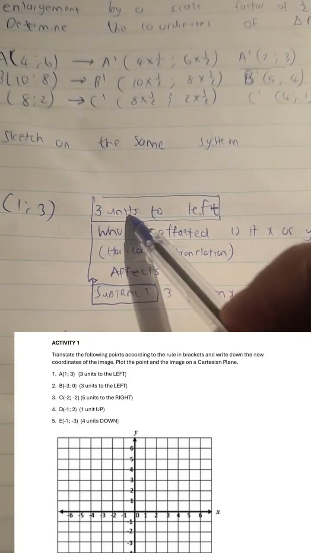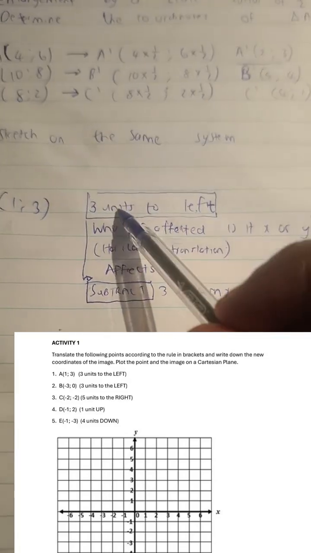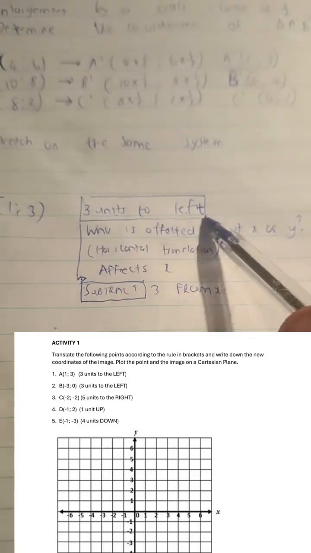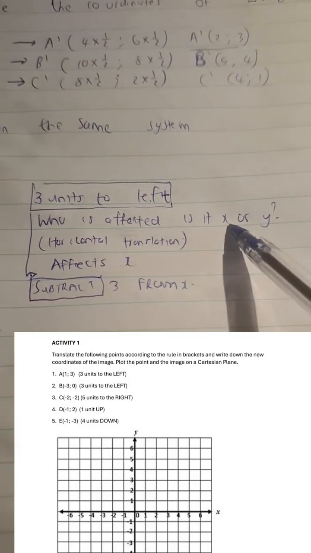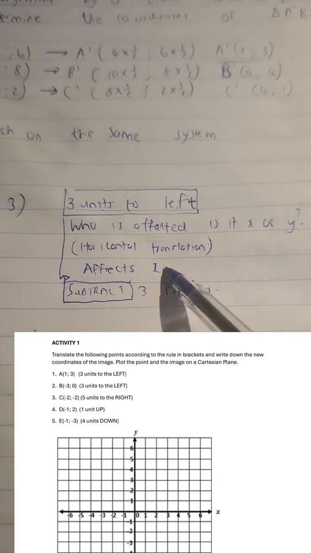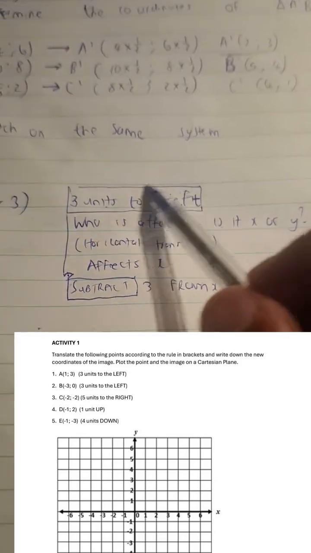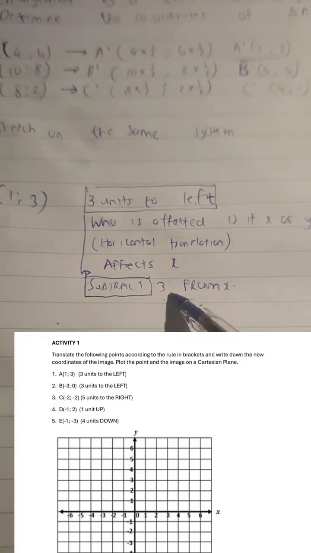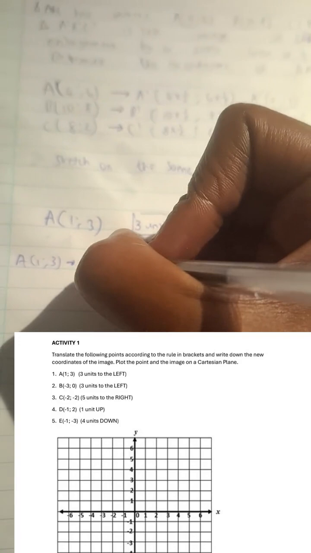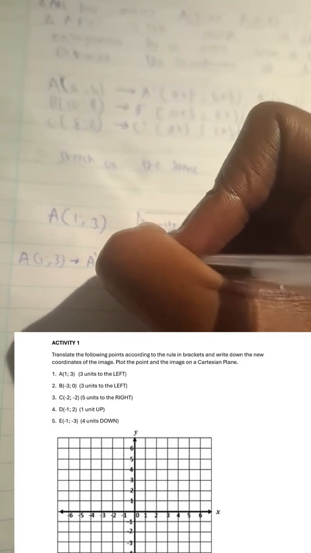Okay, so what we need to understand is that horizontal translation, to the left or to the right, we are always affecting x. All right, it affects x. But then if we are saying to the left, it means we subtract 3 from x. So our image of A would be 1, we subtract 3.